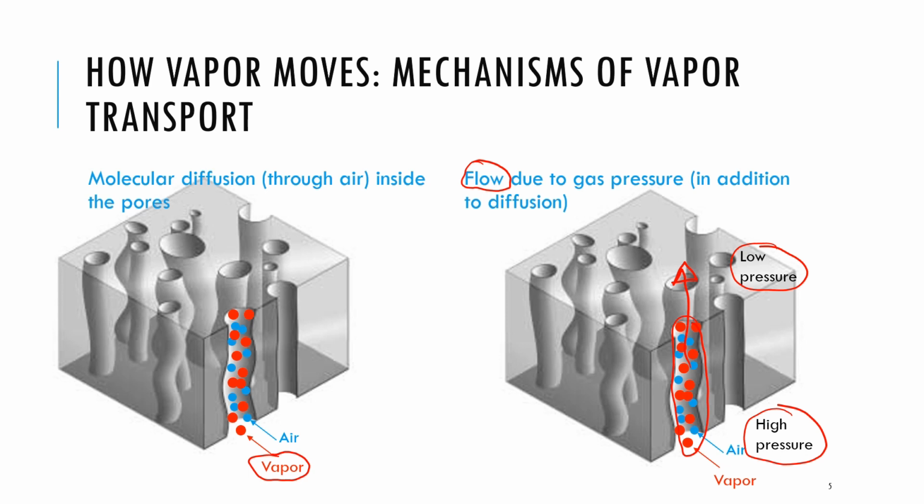Later, we will set up flux for vapor. When we set up the flux, we have to say that the total flux is equal to that due to molecular diffusion and due to flow.